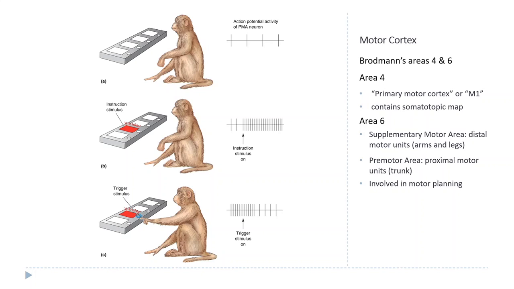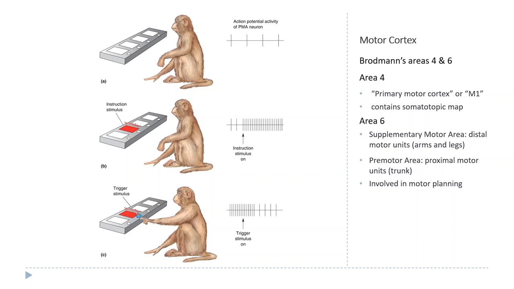So in other words, before a movement is actually initiated, there seems to be some activity in area 6 that is necessary for planning out movement. So again, we're talking about the strategy and tactics level of movement here.